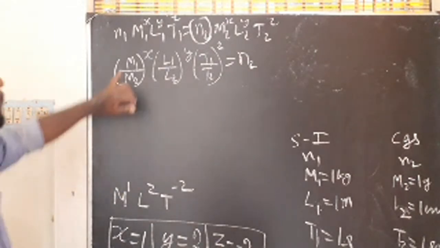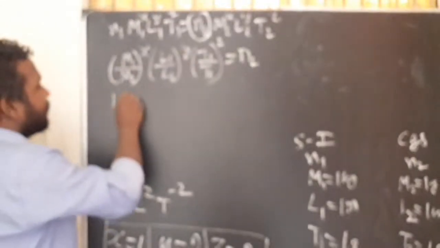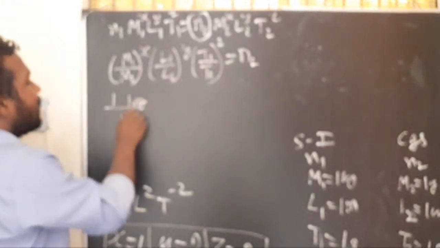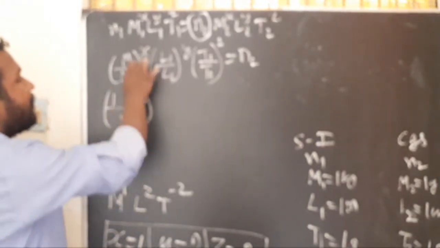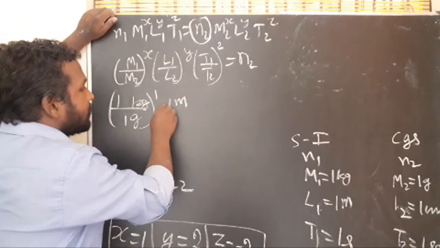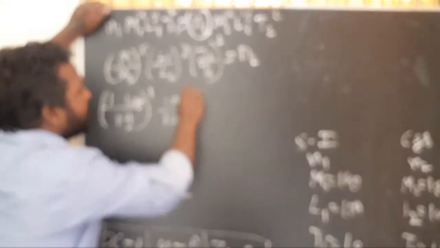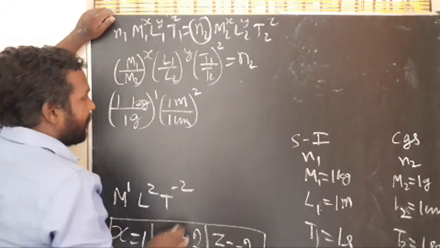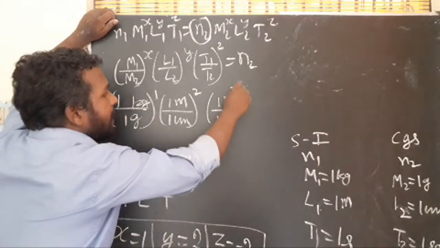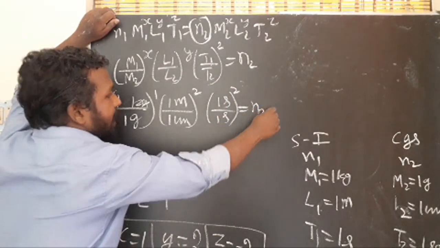Now what is M1? 1 kg. What is M2? 1 gram. What is X? The power X will be 1. L1 is 1 meter, L2 is 1 centimeter. What is the power? The power will be 2, because Y is 2. T1 is 1 second, T2 is 1 second. How much power will it be? Square. The answer will be N2.